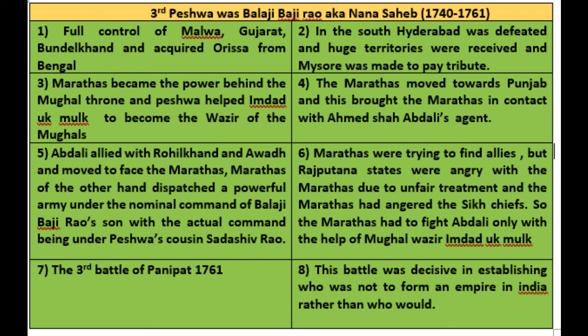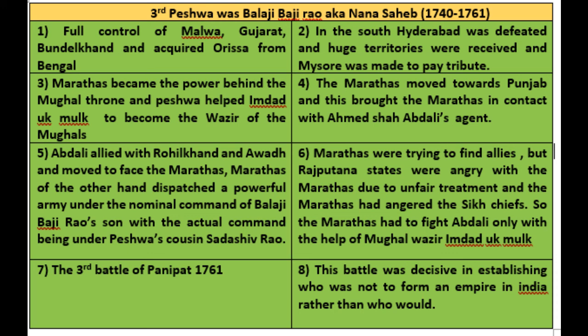The Marathas were defeated with an estimate of 30,000 to 50,000 Marathas perishing in the battlefield. Peshwa Balaji Bajirao's son and Sadasiv Rao got killed, and when this news reached Peshwa Balaji Bajirao, he allegedly died of shock in 1761. The third Battle of Panipat was disastrous for the Marathas, but neither was Abdali able to take over North India.